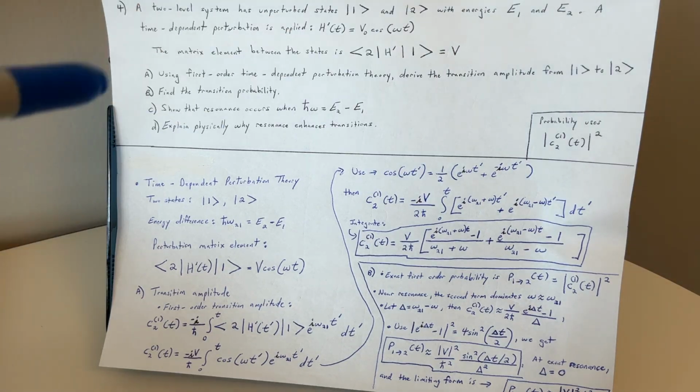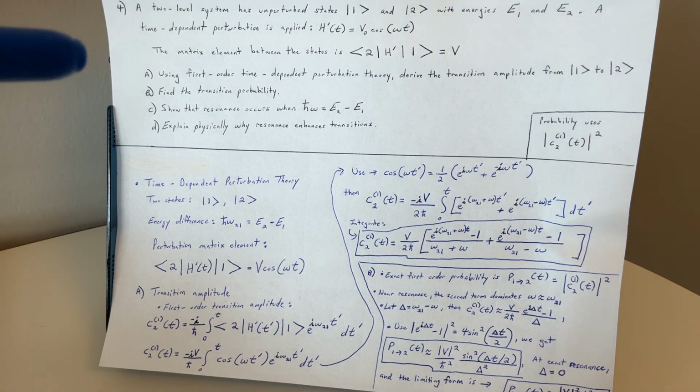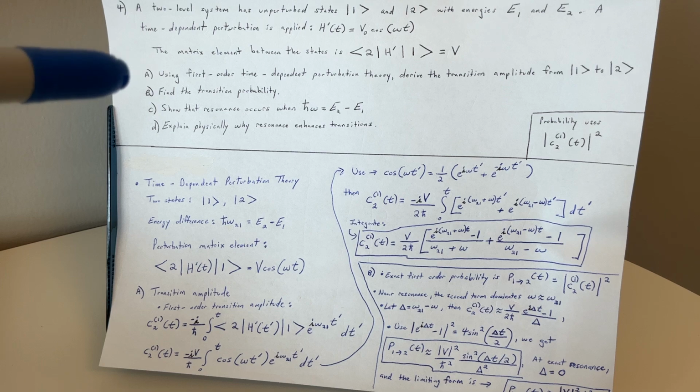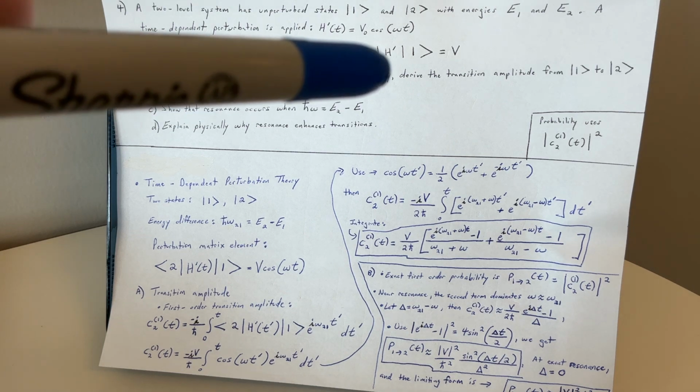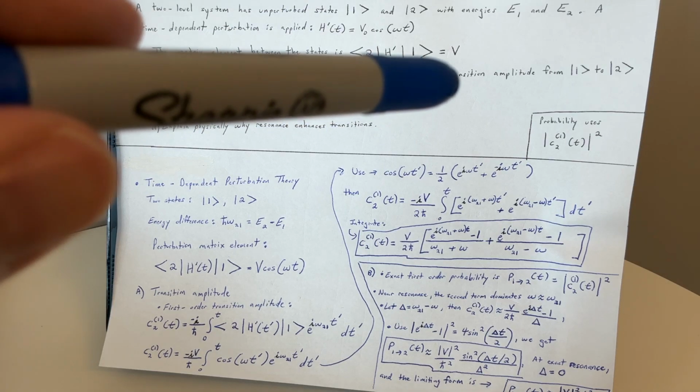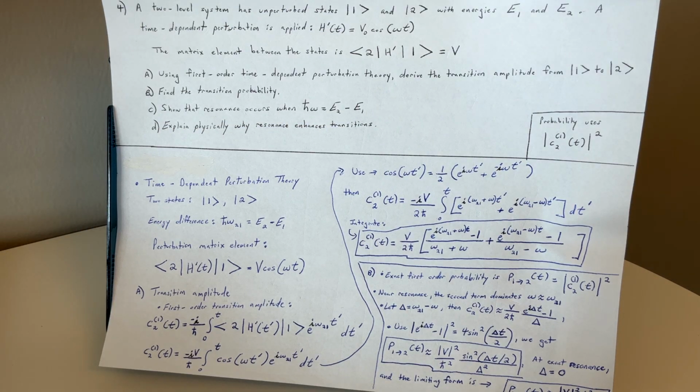Our matrix element between the states, Bra 2 H prime Ket 1, equals V. And part A: using first order time-dependent perturbation theory, derive the transition amplitude from Ket 1 to Ket 2.